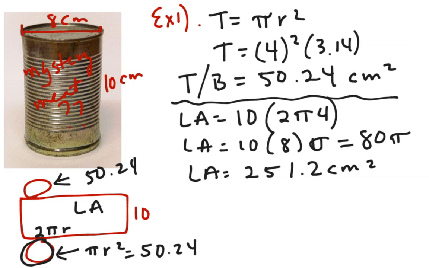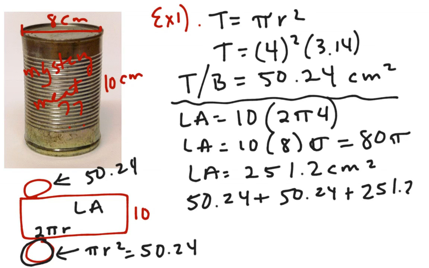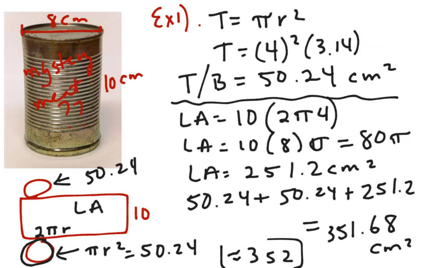That's going to be 251.2 centimeters squared. Now I have three parts to add up: the top and the bottom, which are the same, and the label, or the lateral area. If I total all those up, I get 351.68 centimeters squared, or 352 rounded off, centimeters squared.